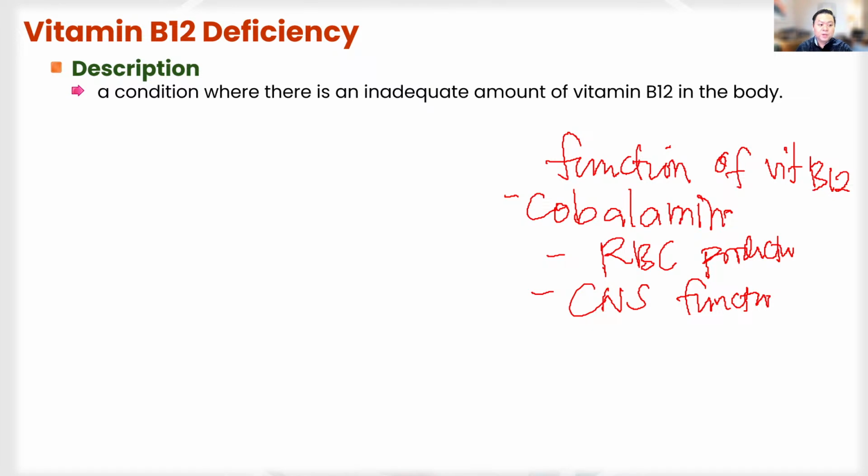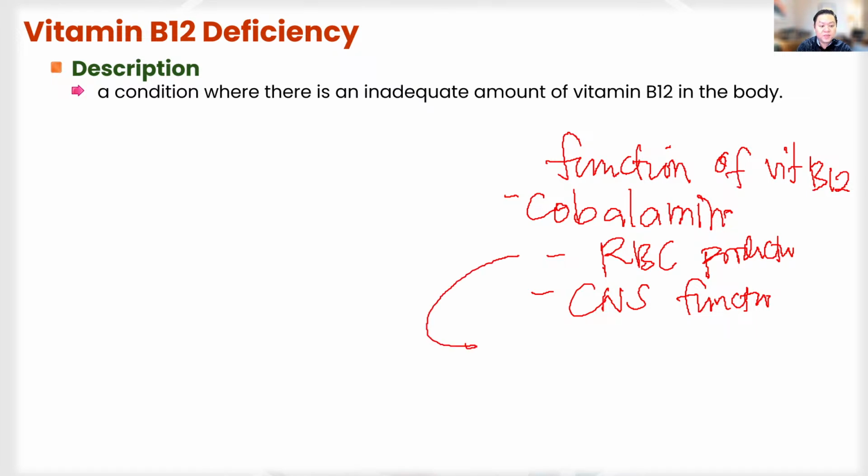Now, when we are going to tackle the vitamin B12 here specifically, it is going to be a cofactor. It is going to be helpful in the production of the red blood cells, as I have said. It is going to help convert the homocysteine into methionine, okay?